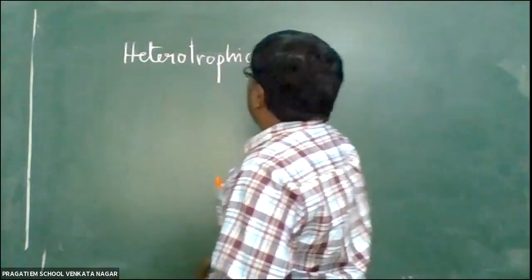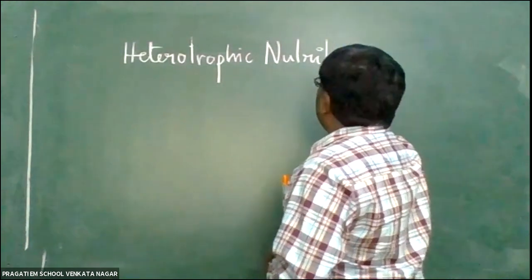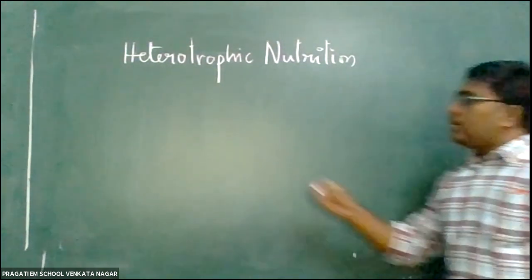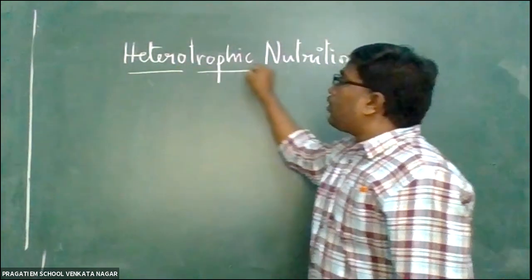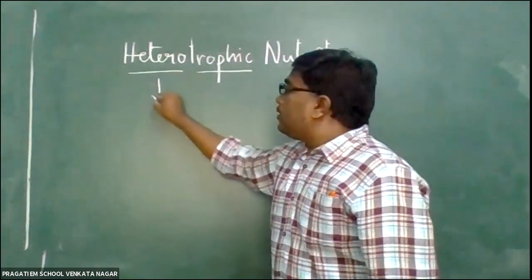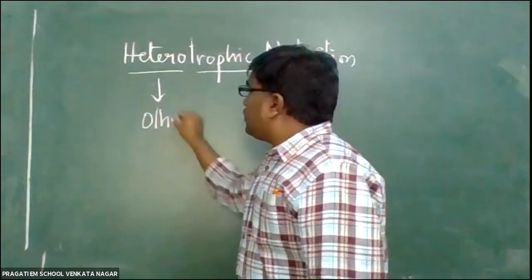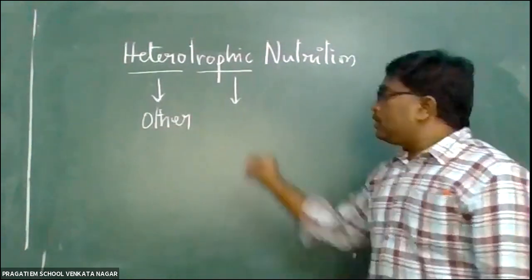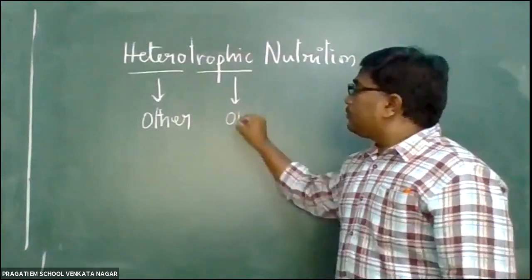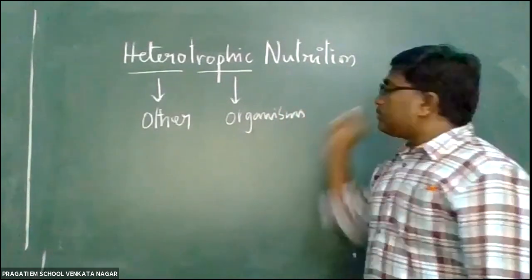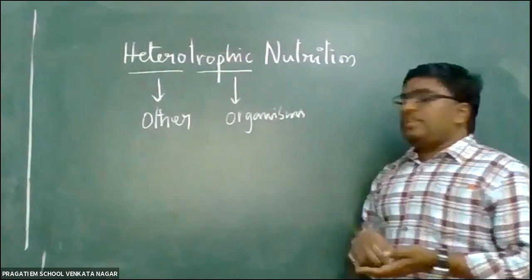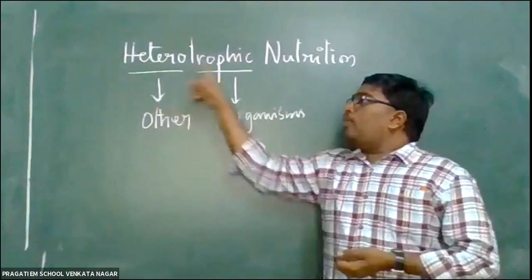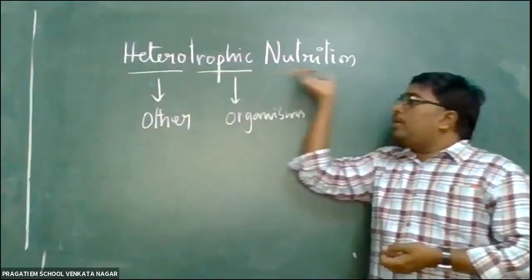Heterotrophic nutrition. Here, the word heterotrophic: hetero means other, and trophe means nutrition or feeding of an organism.